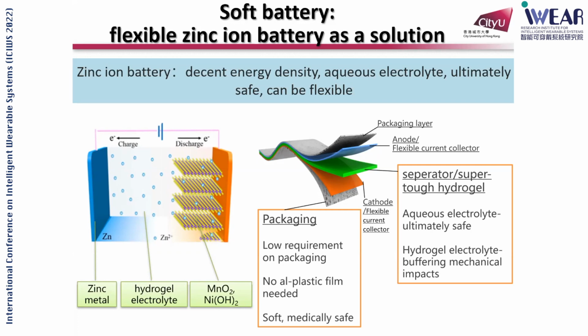And it can be flexible because if you use water, the packaging materials can be soft as well. You may have, for example, a hydrogel separator and hydrogel electrolyte, and the packaging material requirements can be low. You don't need aluminum plastic film. You can use softer materials, for example.